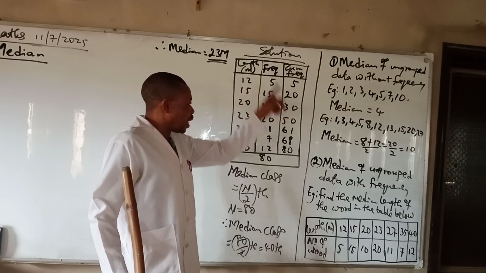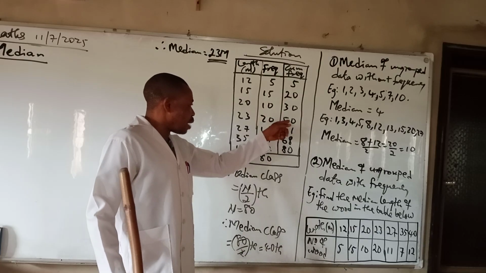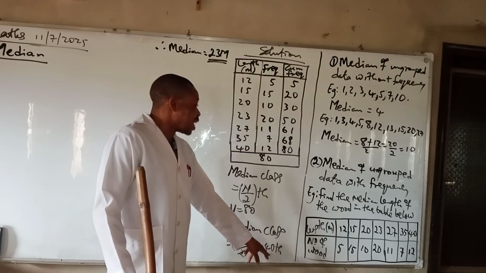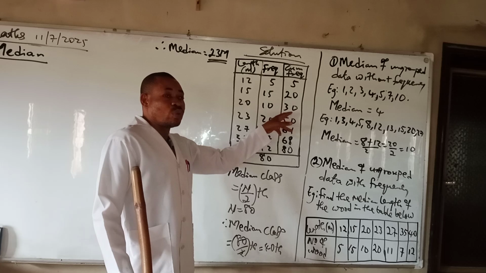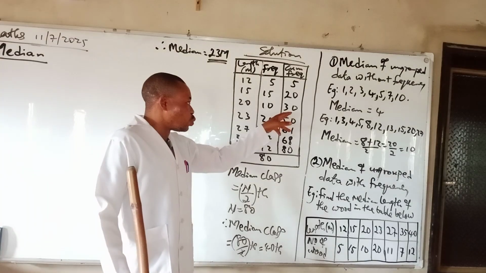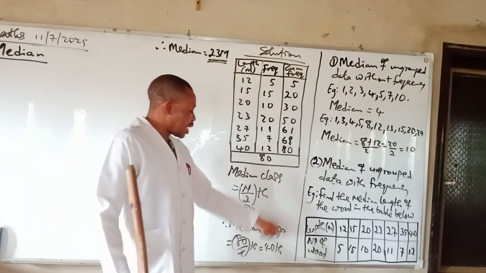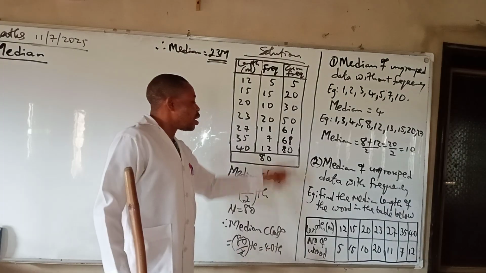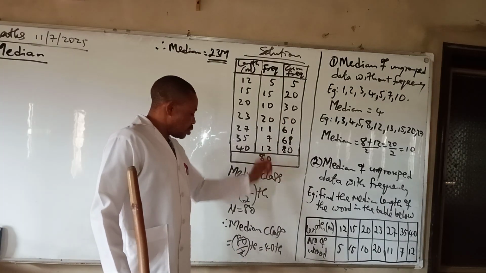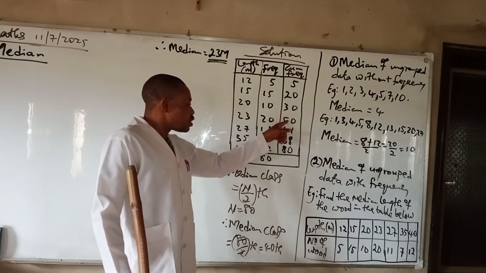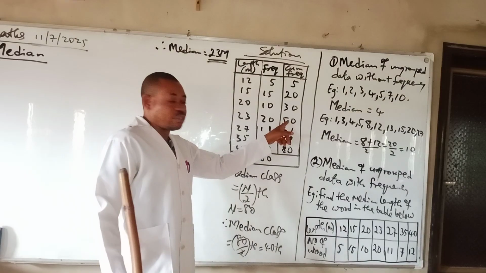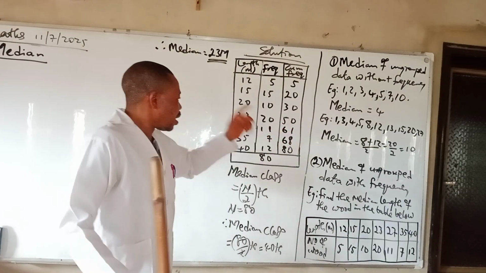Because from here up, 30 is less than 40. Unless we get exactly 40 here, that is when we stay at 40. But in the absence of that, we take the numbers that are greater than this number. From 50 down, they are greater than 40, and the least among them is 50. We now stay at 50.